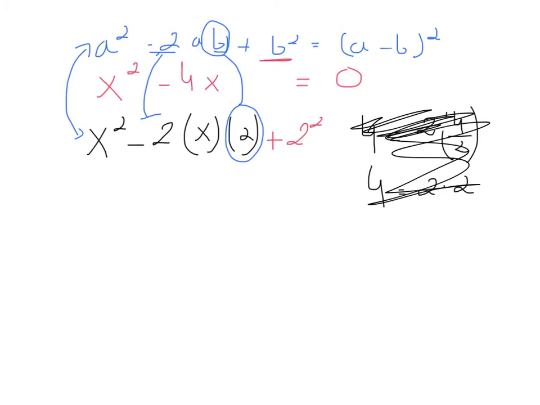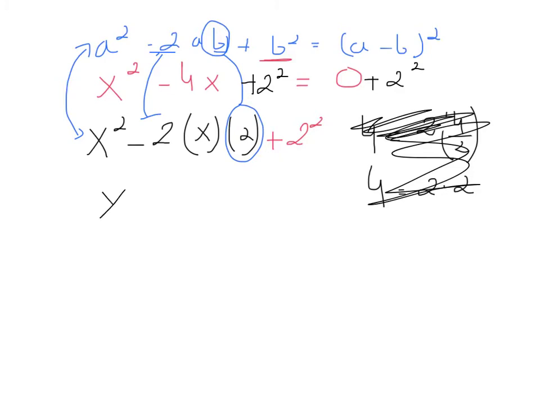If we add 4 on the left hand side, because we want to have a perfect square, we need to add something to the left hand side, right? So if we add something to the left hand side, we must add the same thing to the right hand side. So we need to add 4 here. If we add 2 squared, we must add 2 squared here, so it can be equal.